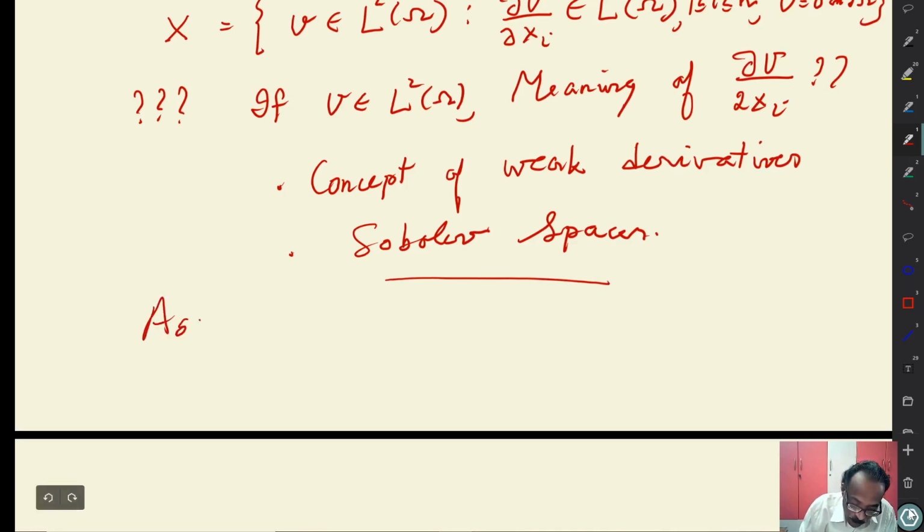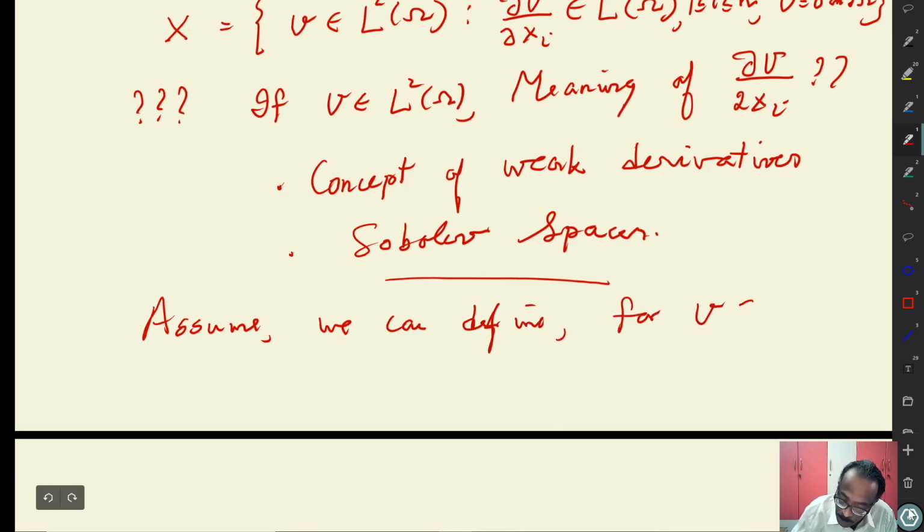Now we can define, for V in L2 of omega, dV by dx in distribution theory as an element in L2.